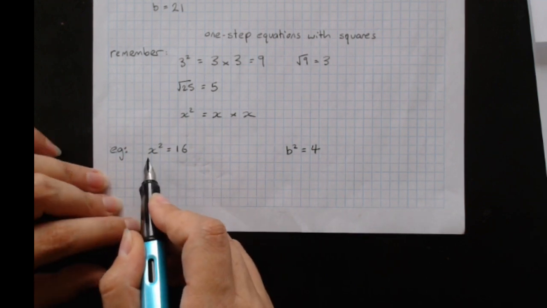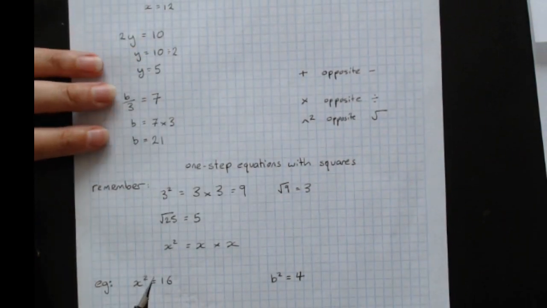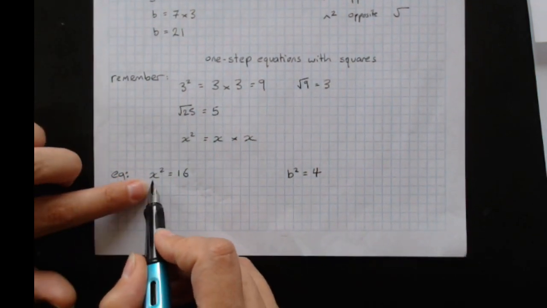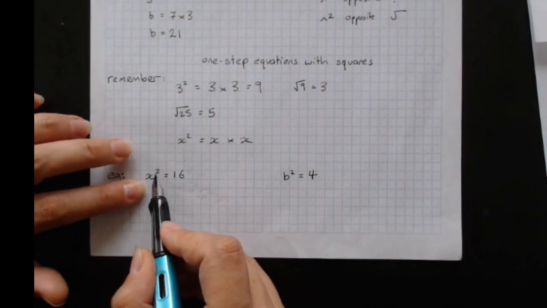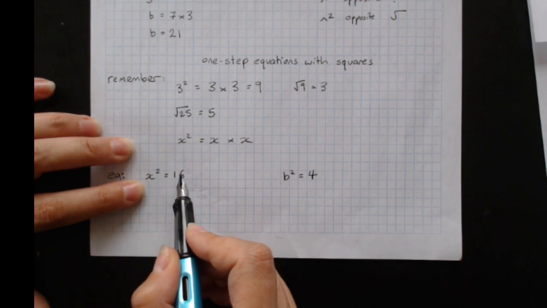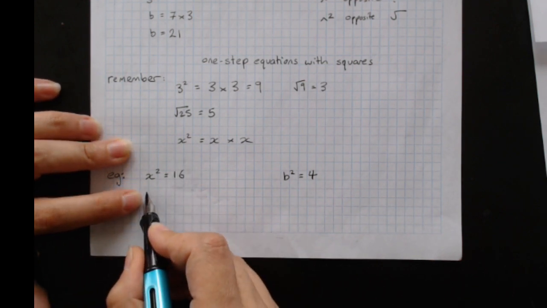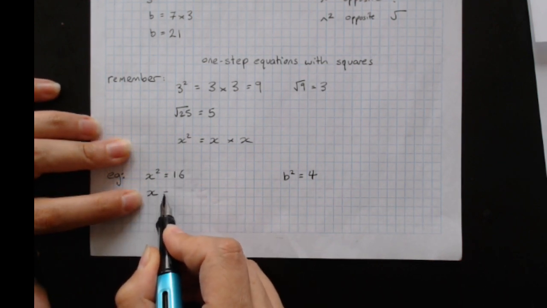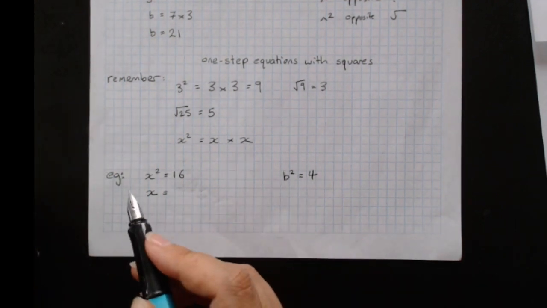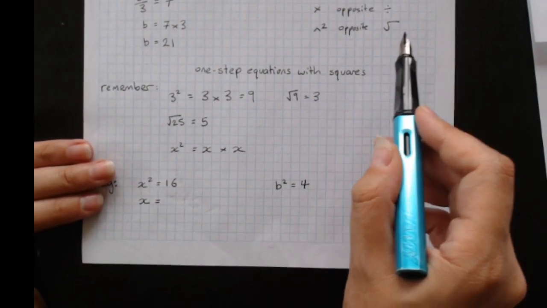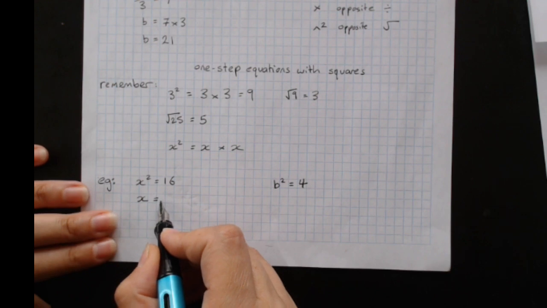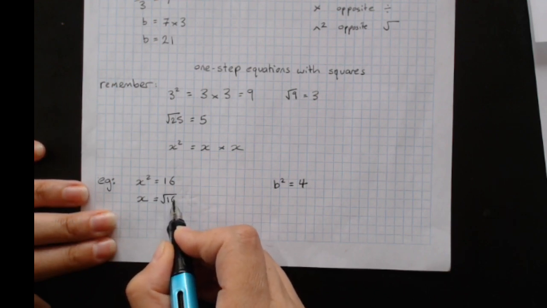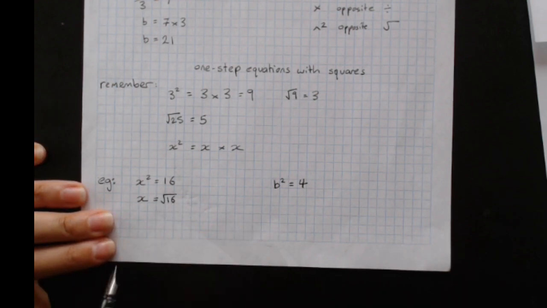If we do our equation in the same way, I thought of a number, I squared it, and I got 16. To get back to my original number, I've got to do the reverse of squaring, which is square root. x is the square root of 16.